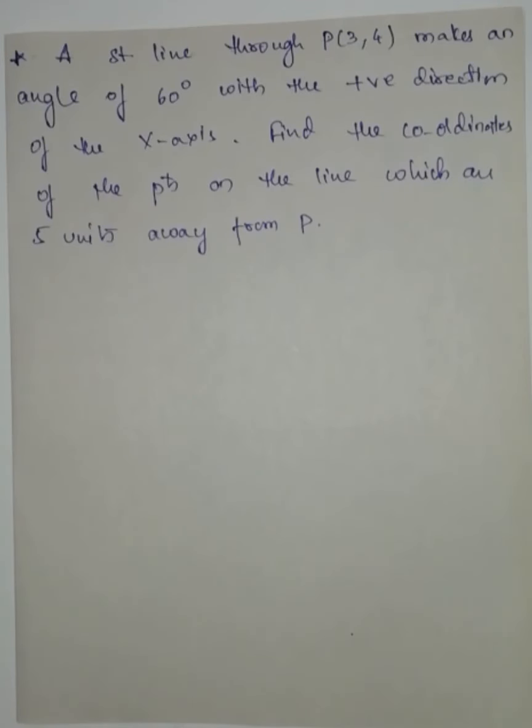A straight line which passes through the point 3 comma 4 and makes an angle 60 degrees with the positive direction of x-axis.